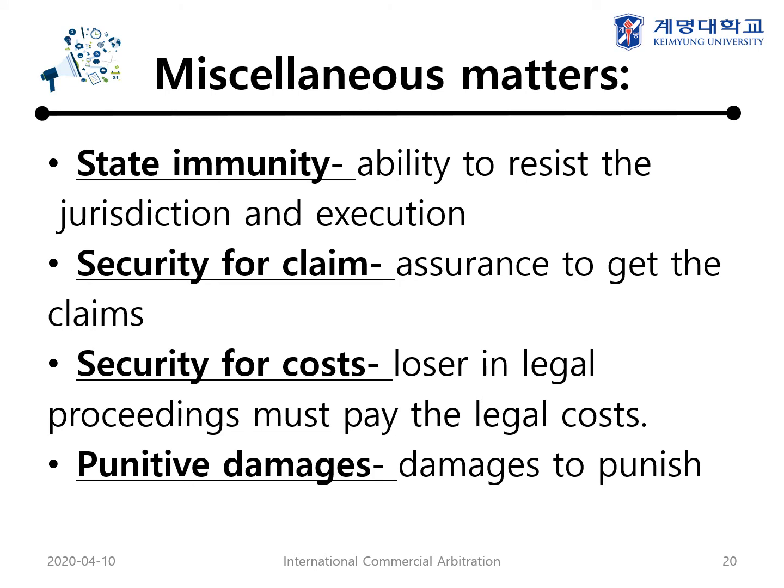The arbitration agreement states the assurance on how to get the claims, or how the award will be given appropriately to the claimant, the one who is complaining, if the award favors the claimant.